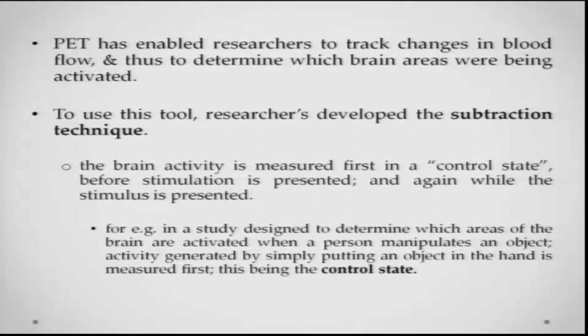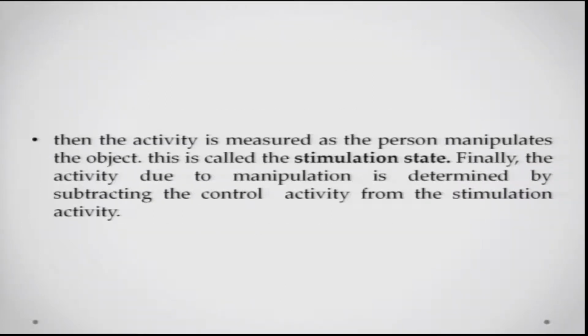So the person is just holding the object and you measure the brain activity at that point in time. This is taken as the control state. Next, you measure the activity when the person is actively manipulating that object, turning it around in the hand, and again measure the brain activity. That is your stimulation state.